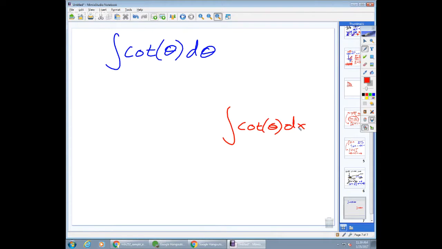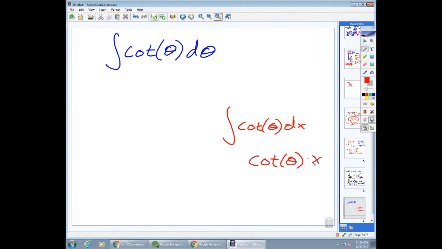But he wrote with respect to x. What's the variable of integration here? X. So cotangent of theta has no x in it, right? Which means it's technically a constant. So the answer here is cotangent of theta, which is a constant with respect to x, times x. Okay. He wasn't clear afterward whether that was a typo on the test or he really was trying to mess with us.